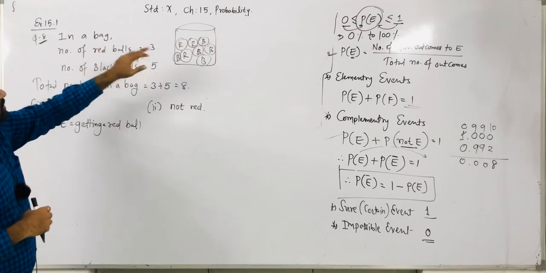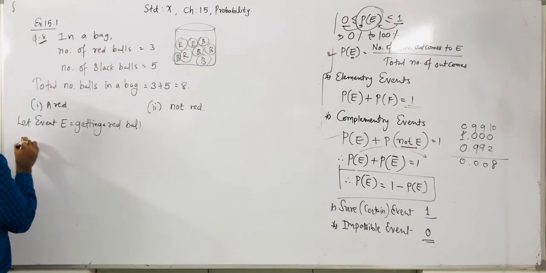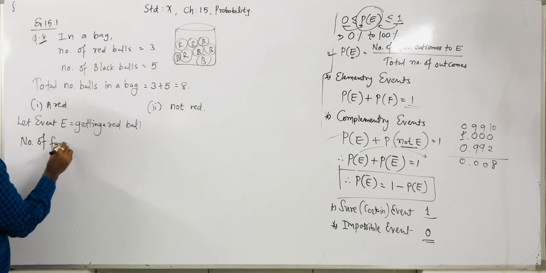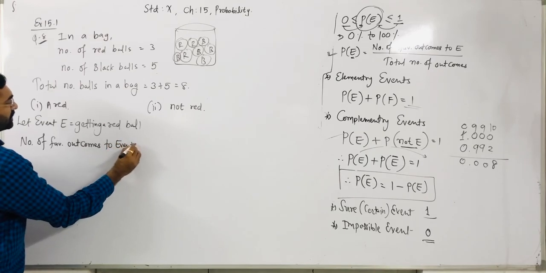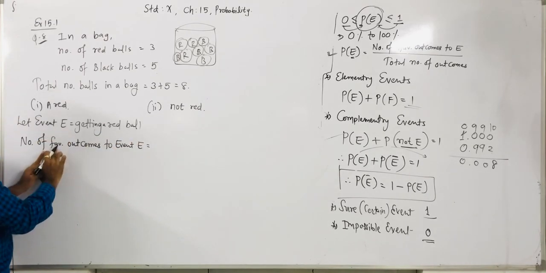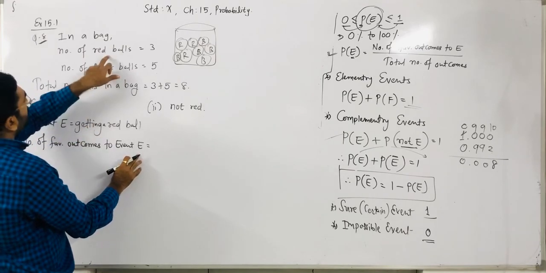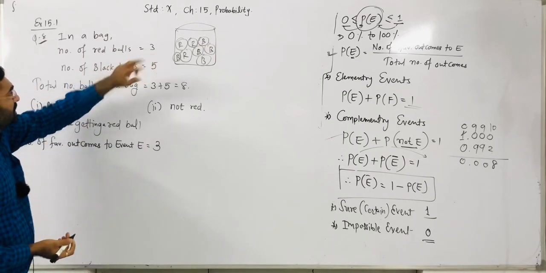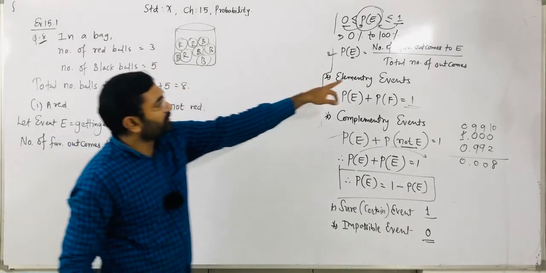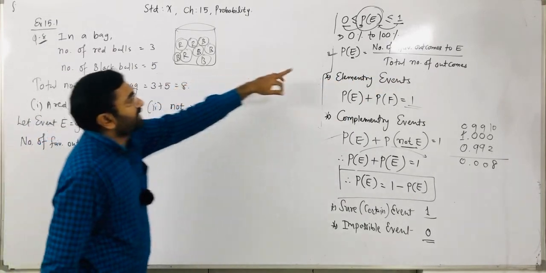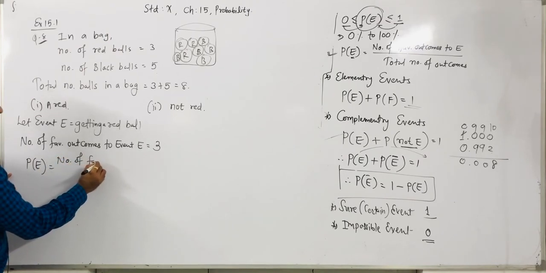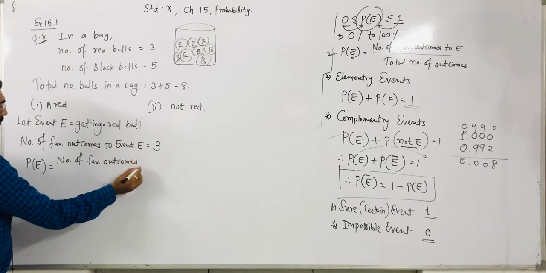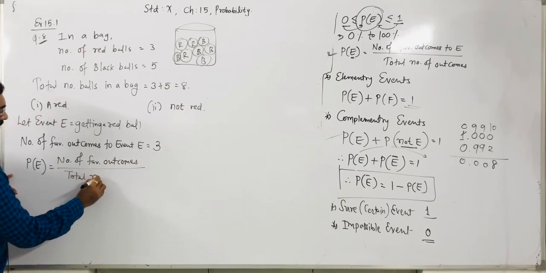We get 3 only, right? So the number of favorable outcomes for event E is 3, and the total number of outcomes in the denominator is 8. So we apply the formula: P of E is equal to the number of favorable outcomes upon the total number of outcomes.